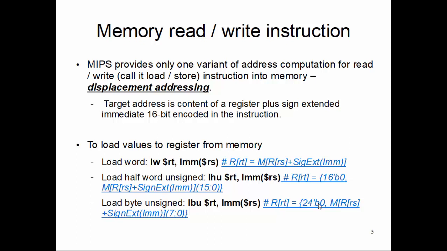But if my intention is to load a signed value, like a half word signed value or byte signed value, that means I cannot blindly place zeros onto the higher part. If it is 0 on the higher part, by 2's complement convention the value is positive, right? Then how can I load a negative half word or byte value into my register? How can I do that?